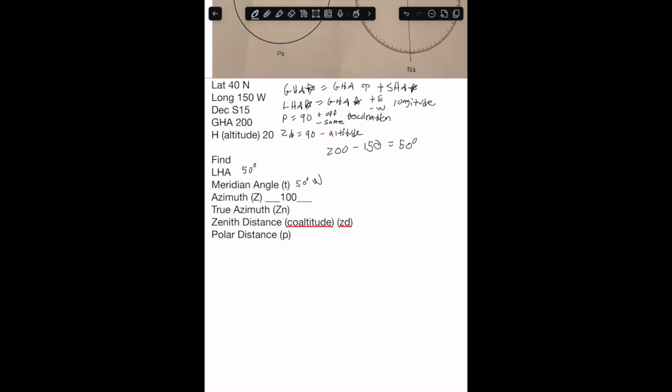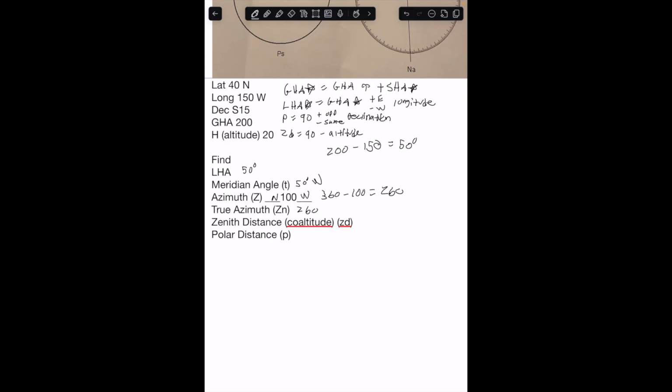Now, azimuth angle. Azimuth angle is labeled by our latitude and our meridian angle. So it's treated just like a course angle, right? So it's north 100 west. Now, what is north 100 west? Well, that's 360 minus 100, so that's 260, and that's our true azimuth. True azimuth is just your azimuth angle evaluated out to whatever is true.